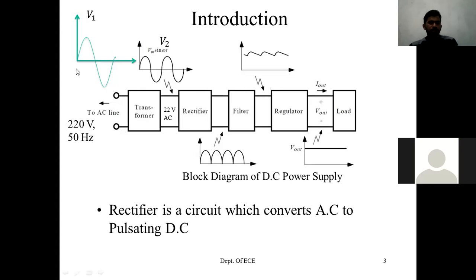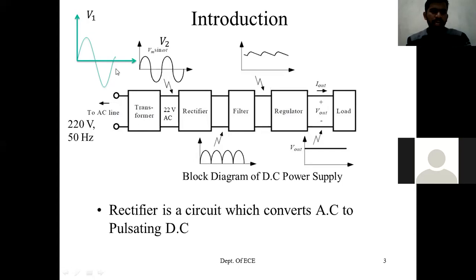The AC power supply, I am assuming, is 220 volts 50 hertz. Generally it is 230 volts 50 hertz also, but we'll fix to one value. Let us say the input AC supply is 220 volts 50 hertz. If this is applied to the input of a transformer, as you know, the transformer will have a primary winding and a secondary winding.